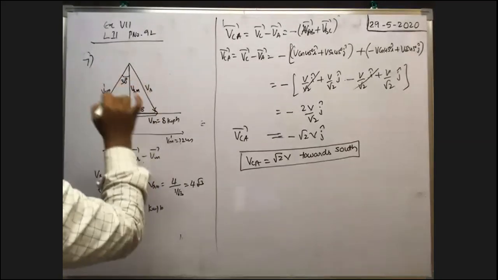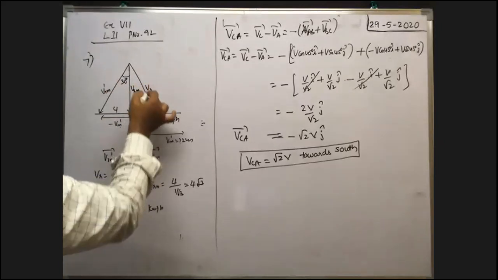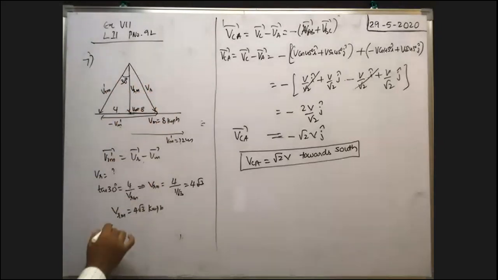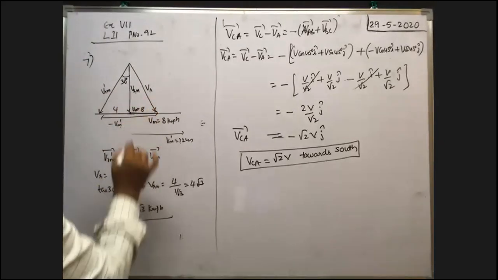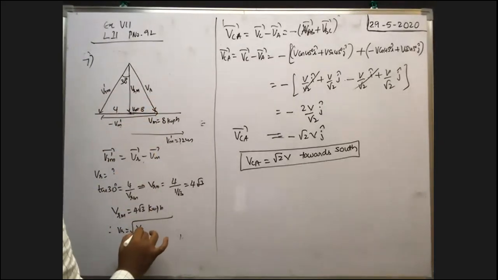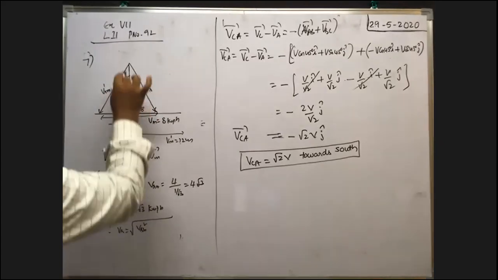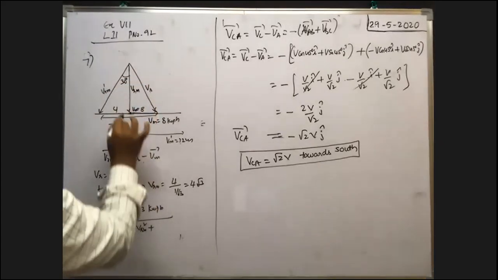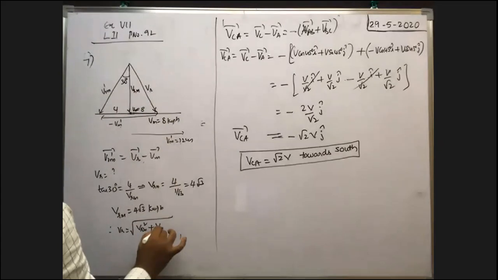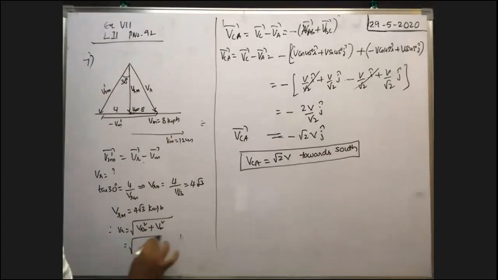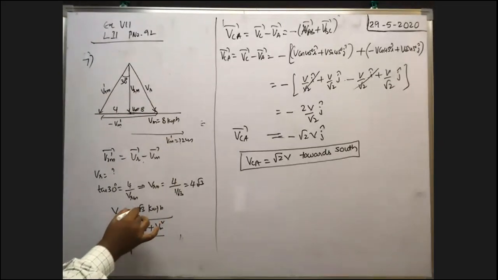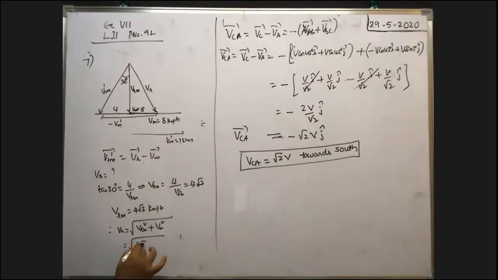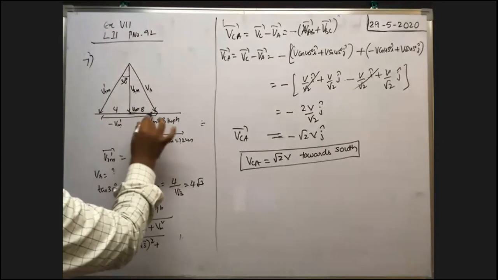That means this value we know. This value they asked, this is equal to 8. Then what about VR? VR is equal to the square root of this square plus this square. That means VRM square plus VM square. Therefore, the square root of VRM square, which is 4 root 3 whole square, plus VM square, which is 8 square.